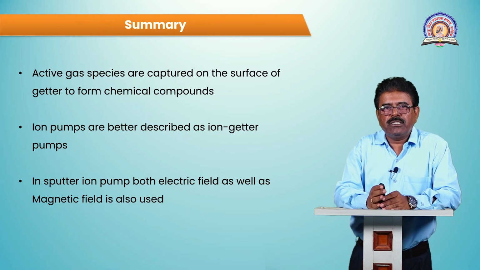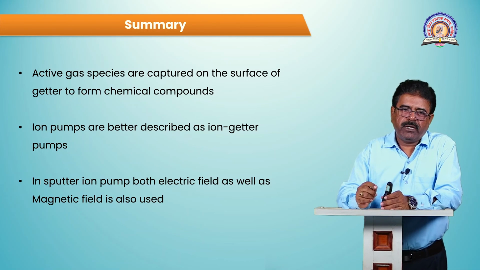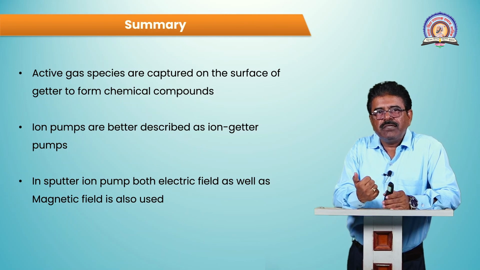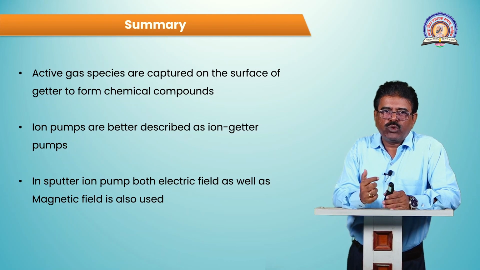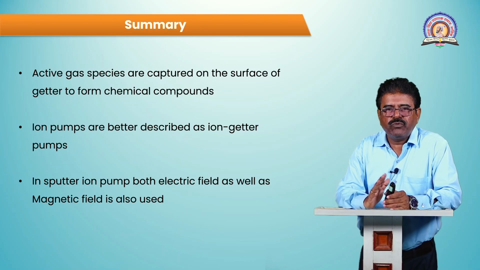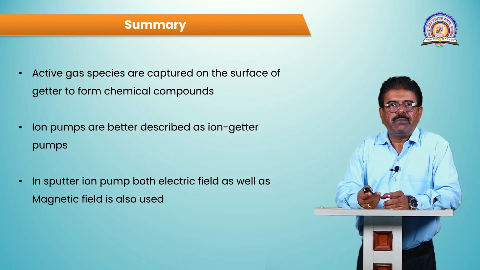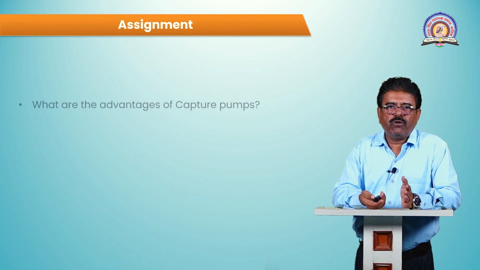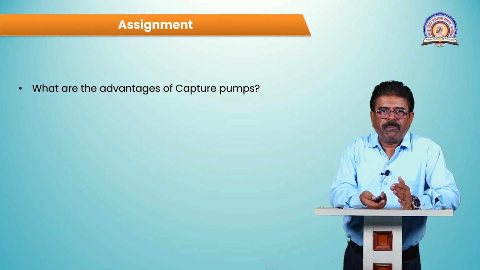You can summarize overall the two pumps which I have described here. These are the three main key points, including the sputter ion pump, in which we have used both electric as well as magnetic fields. These are all the main key points of today's lecture.